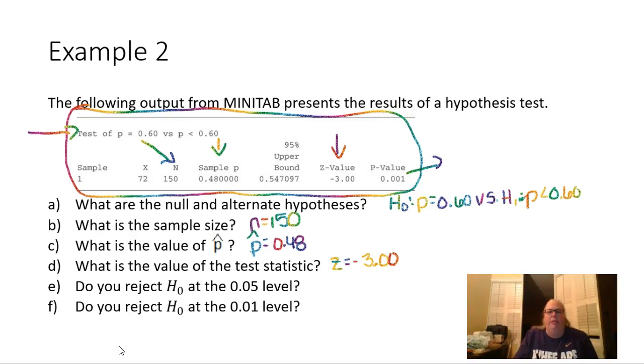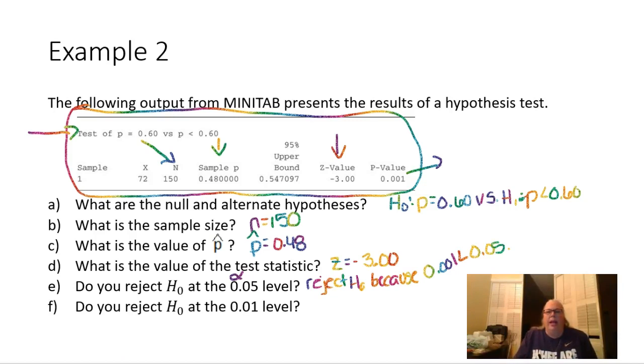The alpha value is right here, the 0.05. So it looks like we are going to reject the null hypothesis because the p-value in our test here is 0.001, and that is in fact less than the alpha value they gave me of 0.05.